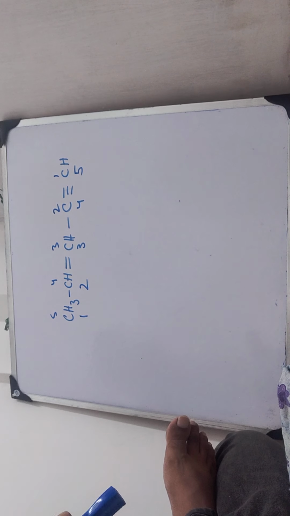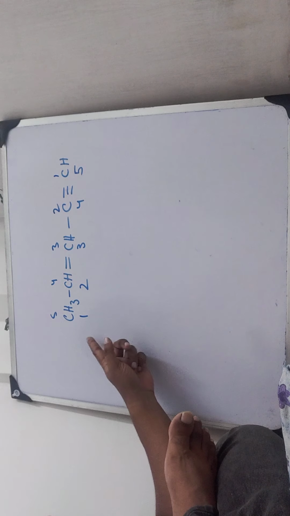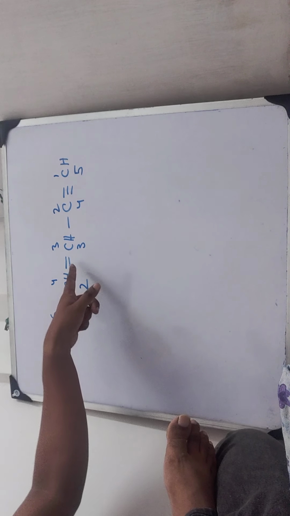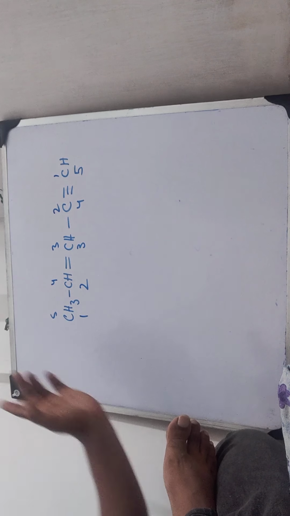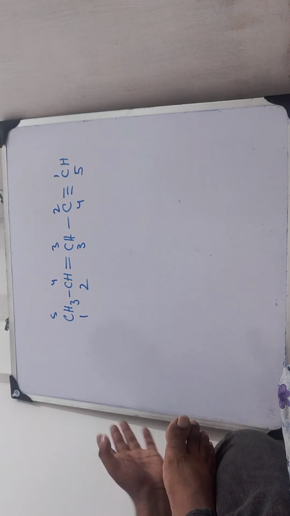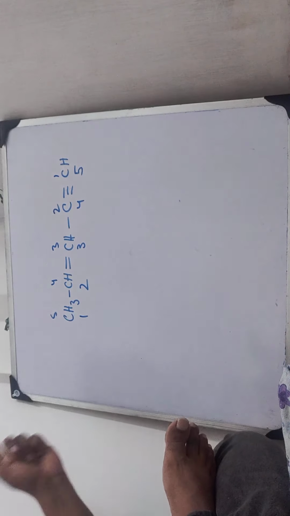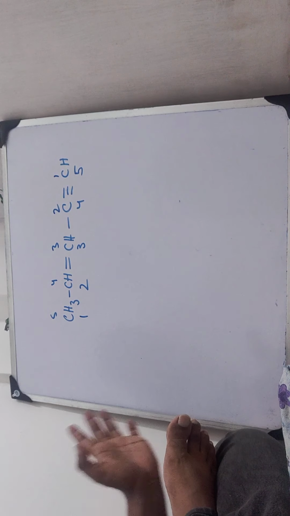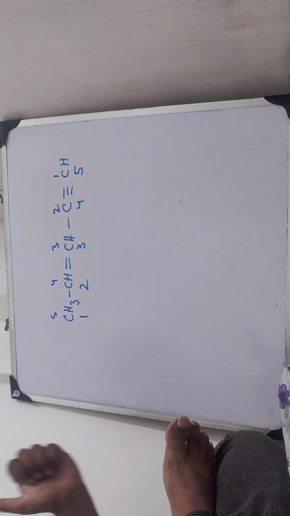Here the priority comes. If you start from this side, then number 2 is the ene, the double bond, which will get greater priority as it will be placed at the minimum number. And if you start from the other side, then the triple bond will get more priority, because it is placed at the minimum carbon.